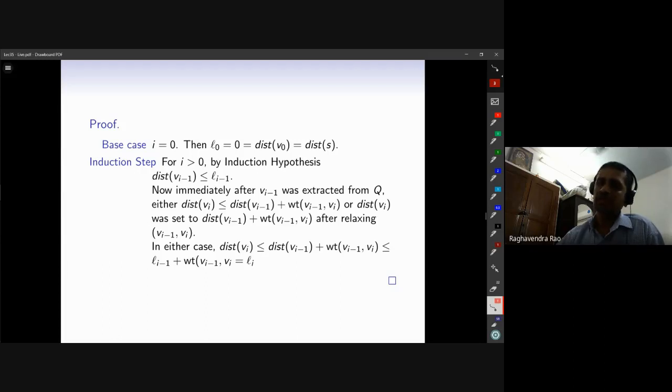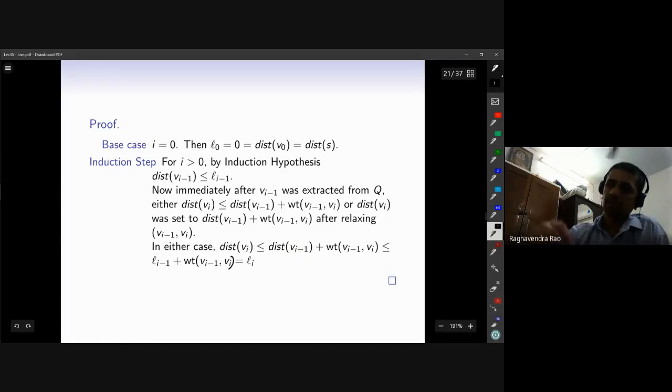In either case, distance of Vi is at most distance of Vi minus 1 plus the weight of this edge. But by induction hypothesis, distance of Vi minus 1 is at most Li minus 1, and Li minus 1 plus the weight of the edge is nothing but Li. Hence distance of Vi is at most Li.